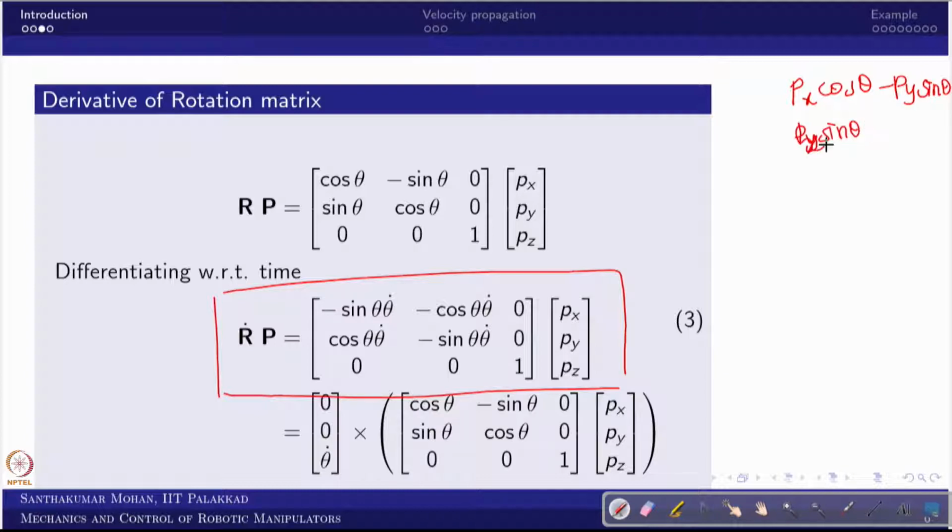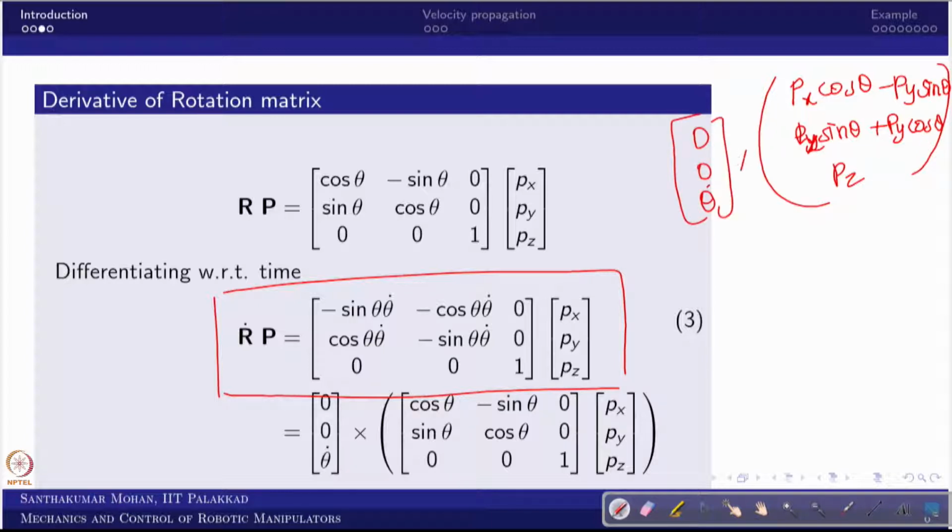then Px sin theta plus Py cos theta and Pz, okay. So this is one vector if I multiply. This I take a cross product with the theta dot, okay. What that will give, so i j k, then this would have 0 0 theta dot, and this is Px cos theta minus Py sin theta, right.